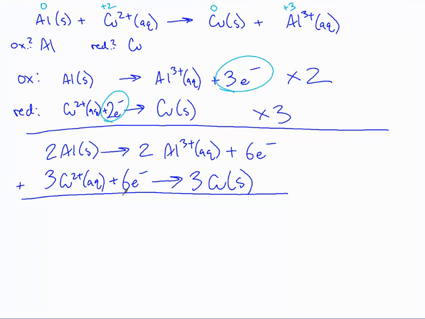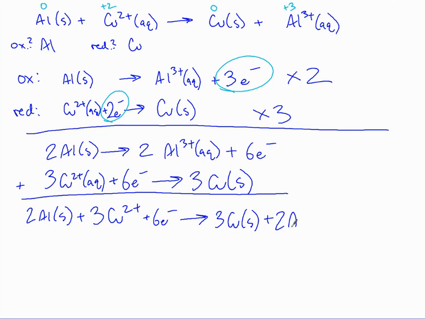So everything on the reactant side we can put down here. 2 solid aluminums plus 3 copper 2 plus 6 electrons yields 3 solid coppers, 2 aluminum ions, and 6 electrons. We're almost done.